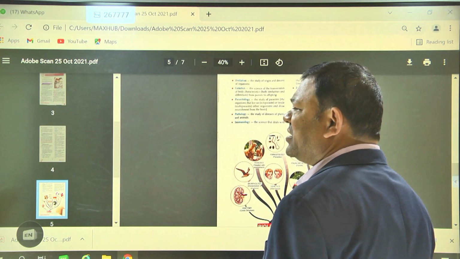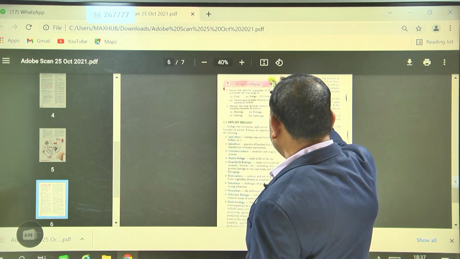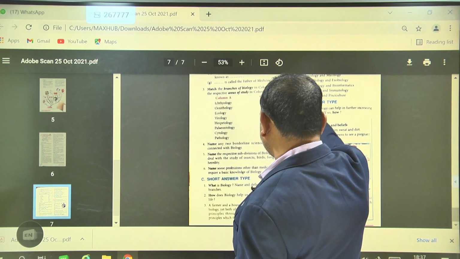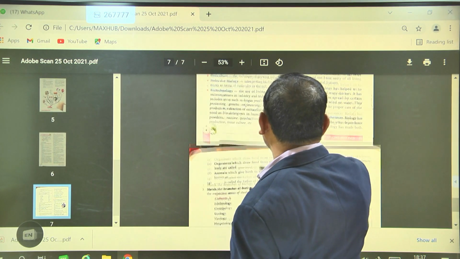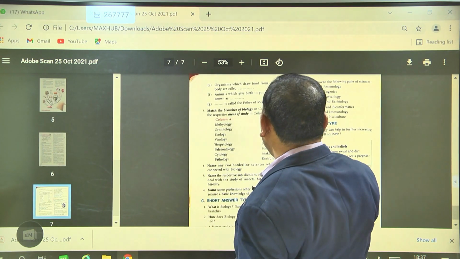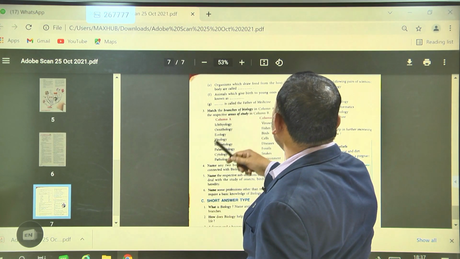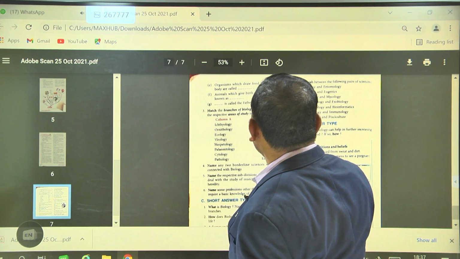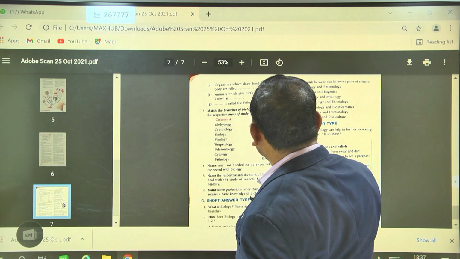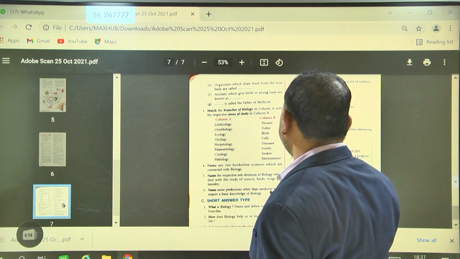Okay, Tejuddin, do you understand? Here some questions are there. We can study one or two questions. Here see, organism which draws food from the host body is called. Animals which give birth to young ones are called viviparous.